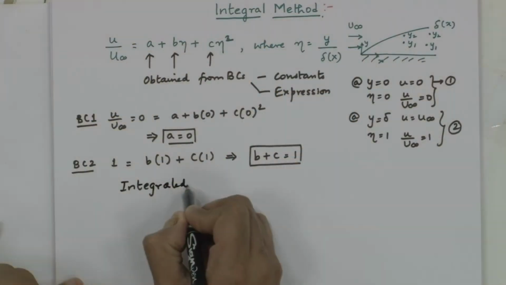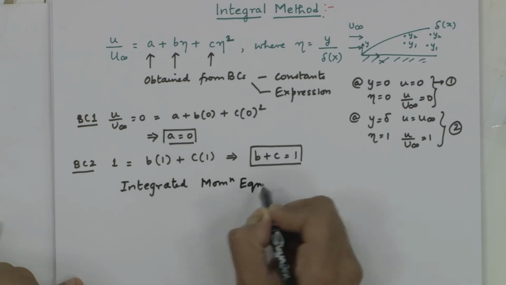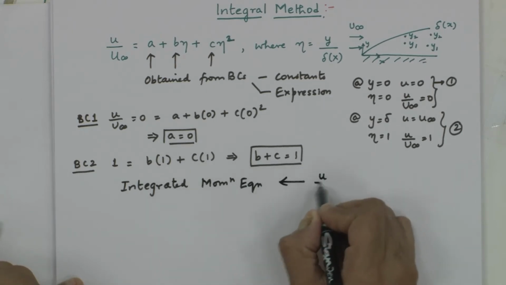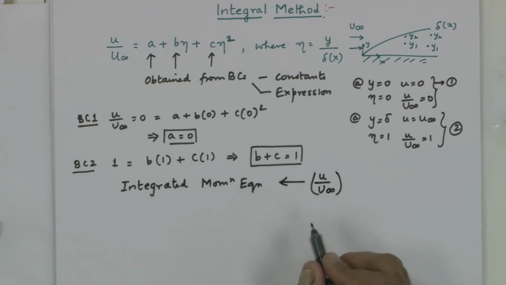Okay. So, the basic methodology is that you assume a profile, substitute for the profile in the integrated momentum equation, we will derive this today. In this you substitute for u by u infinity. You do not directly use u by u infinity.